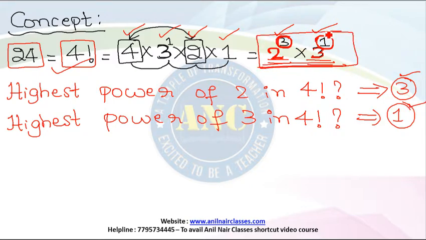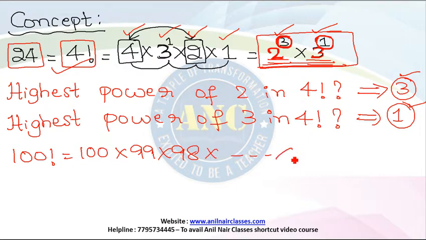But what if instead of 4 factorial, you get a little bigger number such as 65 factorial, 50 factorial, 78 factorial, 100 factorial? In such bigger numbers, for example 100 factorial, I cannot write in my examination hall 100 into 99 into 98 into 97 till 3 into 2 into 1, and keep decomposing again: 100, how many 2's are there? 98, how many 2's are there?